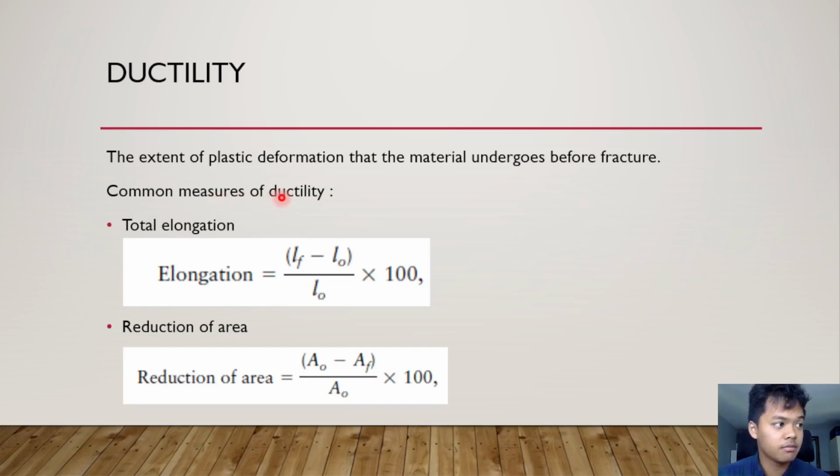Common measures of ductility: first is total elongation, which we obtain from the specimen's final length minus its original length, divided by its original length and multiplied by 100. Similar to this is the reduction of area: the material's original cross-sectional area minus its final cross-sectional area.